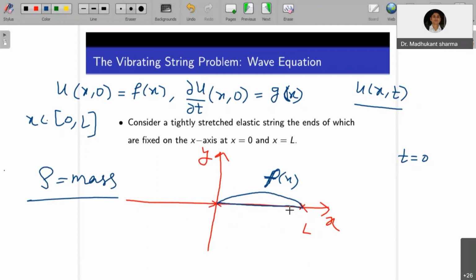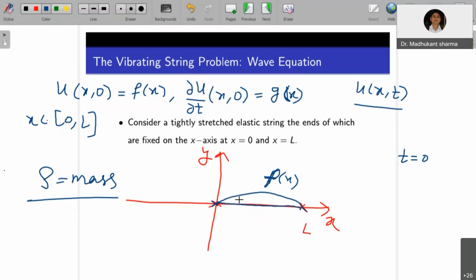Now further, when you are fastening this string, if you are going to stretch it and fasten it at the ends, x equals 0 and x equals L, there will be some tension.